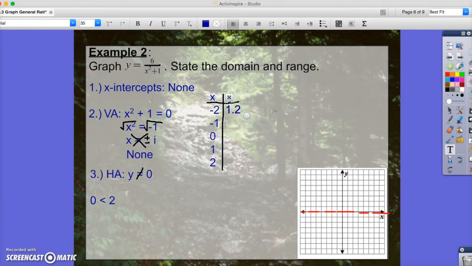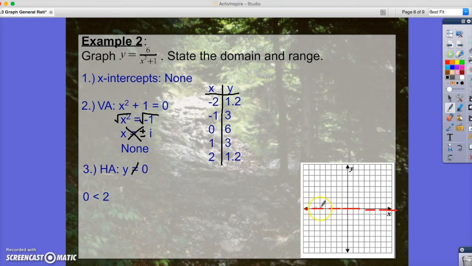I get 1.2. All right. I get 3. I get 6. And I get 3. And I get 1.2. So let's see what happens when I plot these. Okay. So I have -2, 1.2. And we're estimating, right? Plot your points.